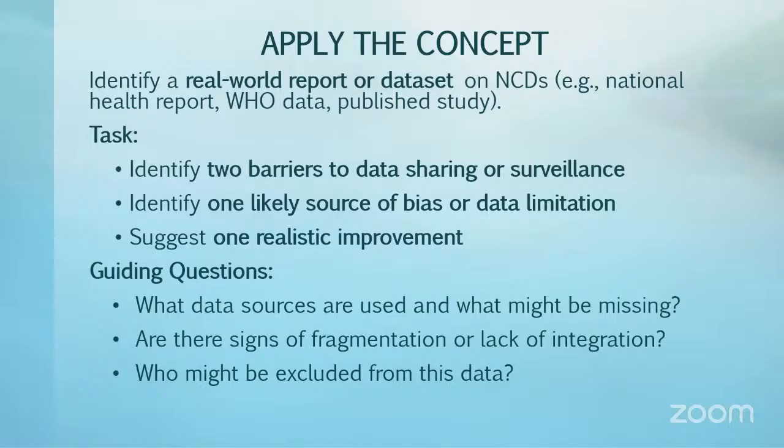So who might be excluded? We can talk of probably some of the people who have non-communicable diseases but did not visit the nearest facility. We can talk about even the people living in rural areas where geographical barriers are also playing a role. That's true.